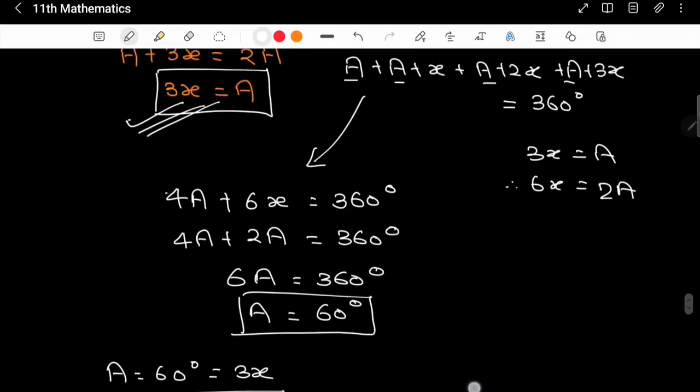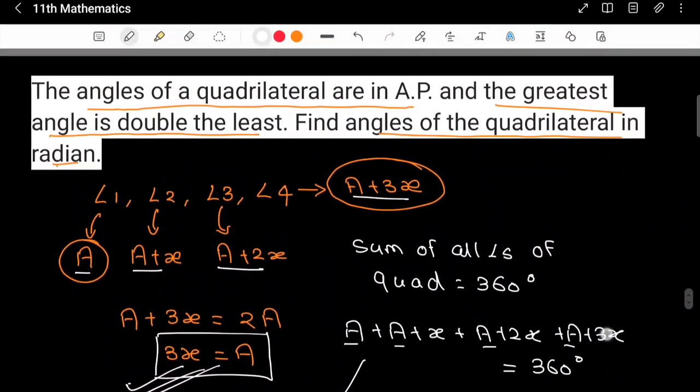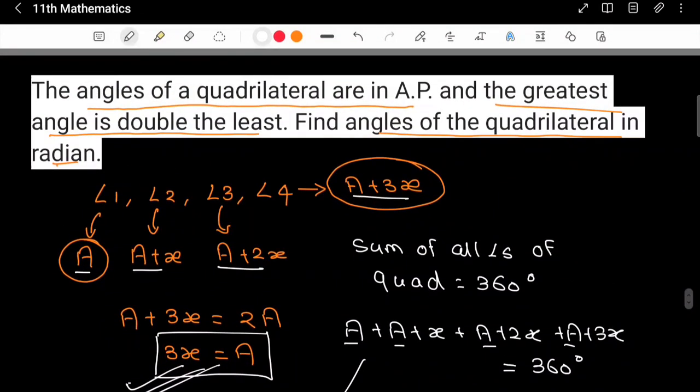So that was question number 4, I guess. A very good question, where we have to find the angles of a quadrilateral which are in AP, and the greatest angle is twice the smallest angle.